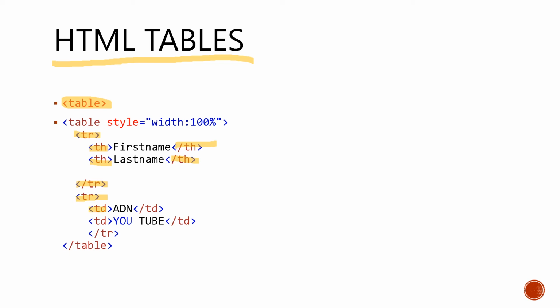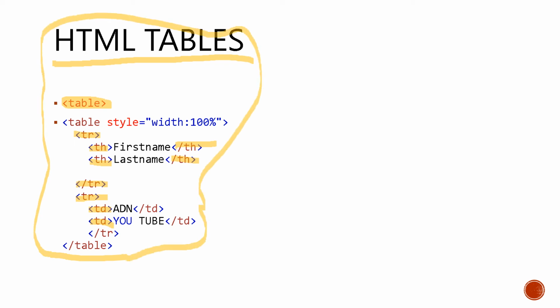This was the table data, stored by first name, and this was stored by second name. TD means table data, TH means table heading. This was all about tables. This was one of the questions asked by the interviewer.